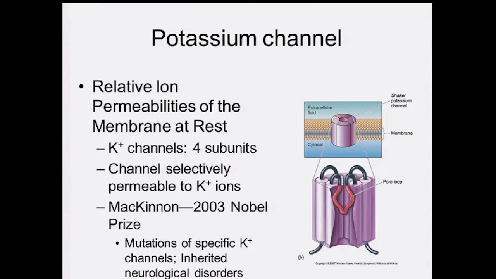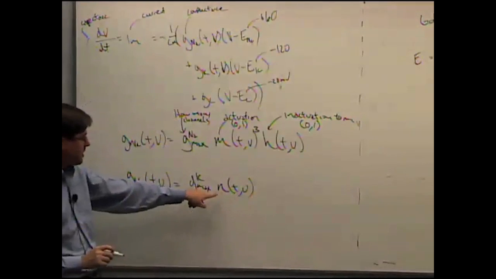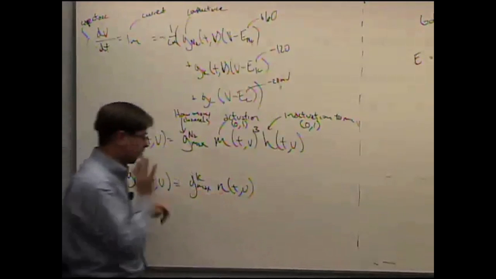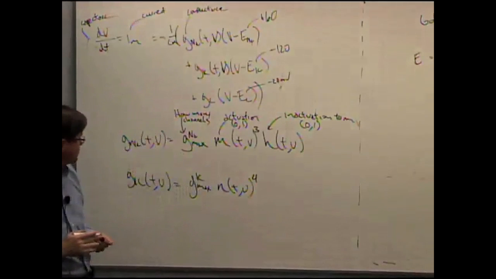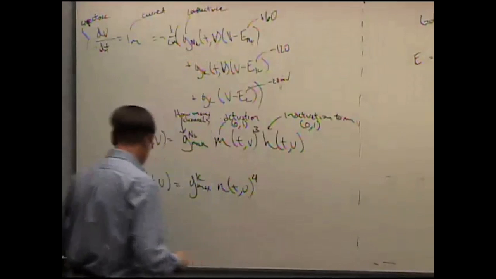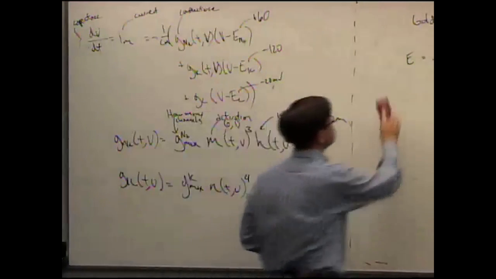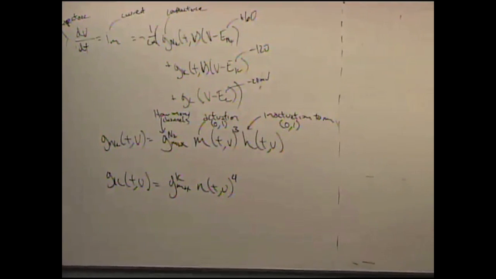So the GK of T comma V is equal to G max of the potassium times N of T comma V. So this tells you the activation of the potassium channel. There are 4 subunits that need to open, so that's raised to the 4th power. So that's the Hodgkin-Huxley equations.